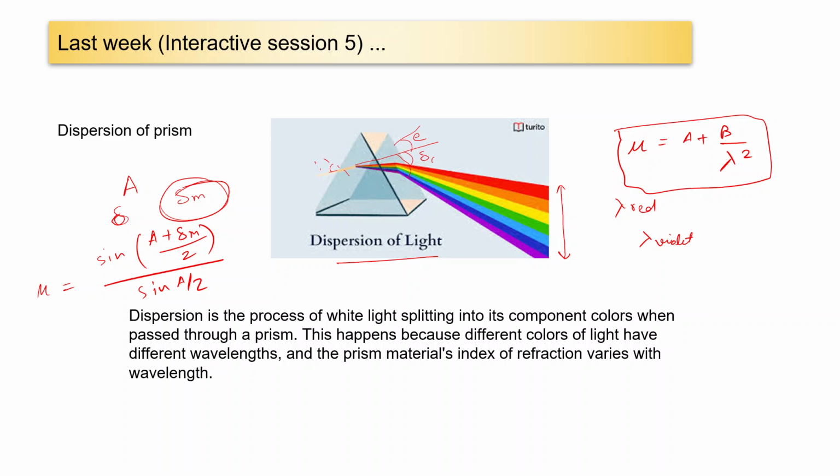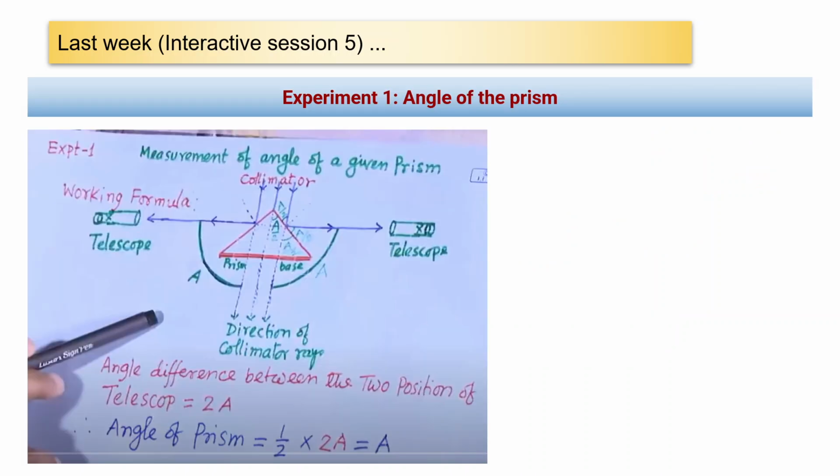Based on them we had solved many numericals as well. Also, how we find the angle of the prism experimentally was part of last week's session, and all of the experiments have been explained in detail in the lectures, so you can see them from there.